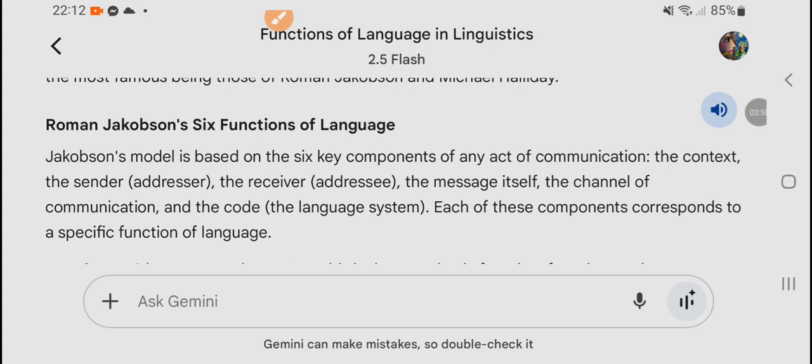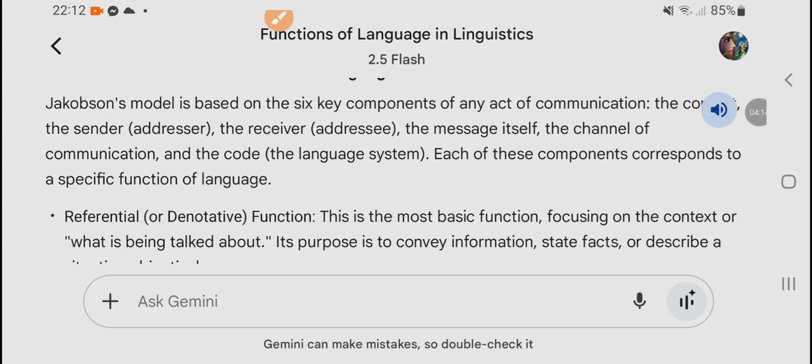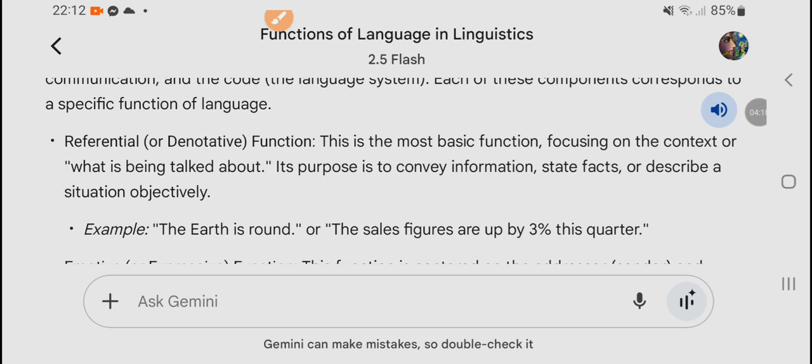You are the receiver; the message is being conveyed to you. The channel of communication is the cell phone, and the code, the language system, is English. Each of these components corresponds to a specific function of language.